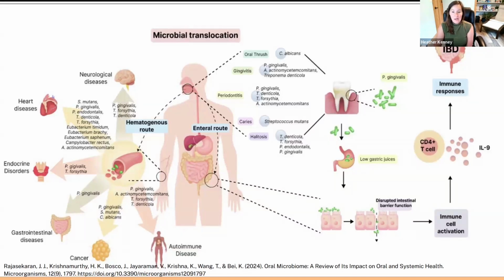But in this little demonstration here, you can see not only does it go into the gut, but we also have that translocation into the bloodstream, which has an impact on immune systems with autoimmunity, with cancer, with gastrointestinal diseases. It can impact our endocrine systems like our thyroid, which has impacts on the bone as well, and metabolism, heart disease, and neurological issues we know are tied to that component as well.